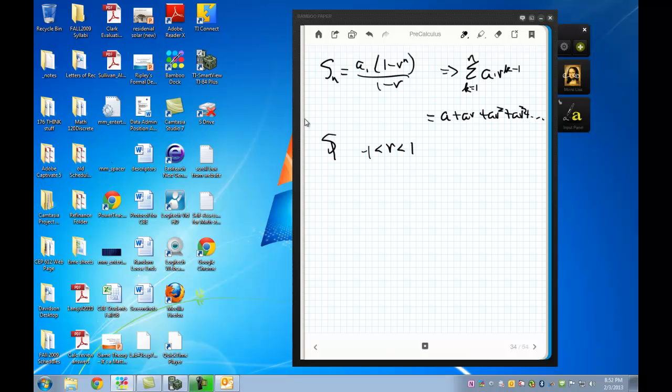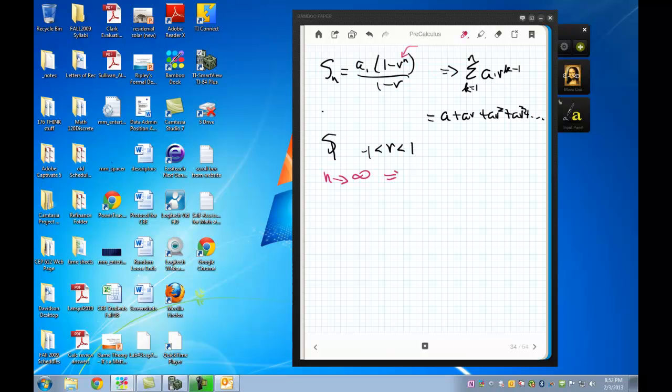But more importantly, think about what happens to this as n gets huge. What would happen if I let n go to infinity? Well, if r lives between -1 and 1, and I raise a number between -1 and 1 to an infinite number, in other words, if I raise a fraction to infinity, what happens to r raised to the infinity?